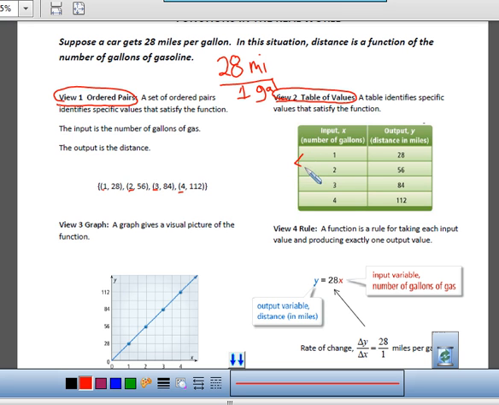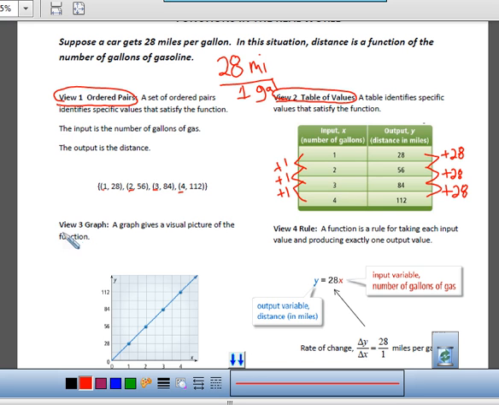And you of course can do some calculating from a table. We've got our change in x, and over here we've got our change in y. And so if we didn't have our constant rate of change, we could figure that out from the table. And actually you can figure it out from everything if you know what you're doing.